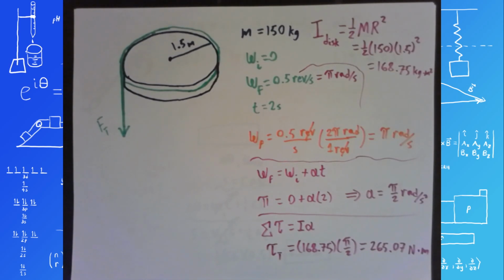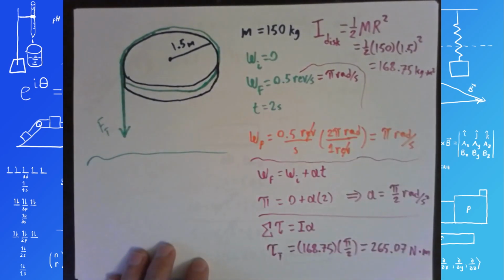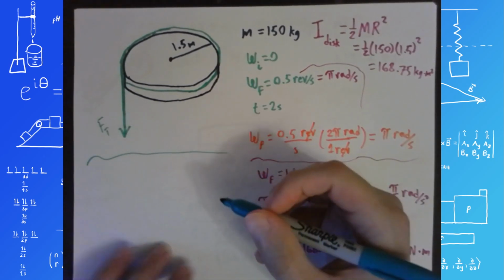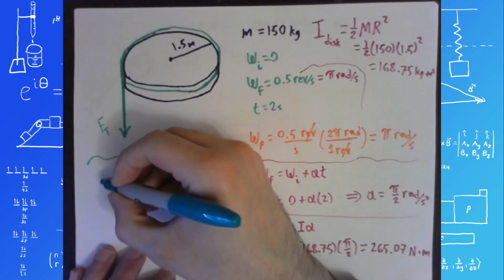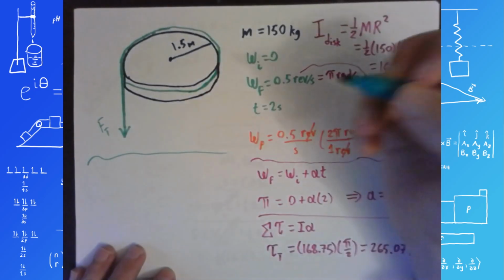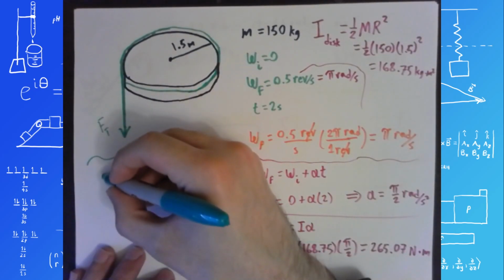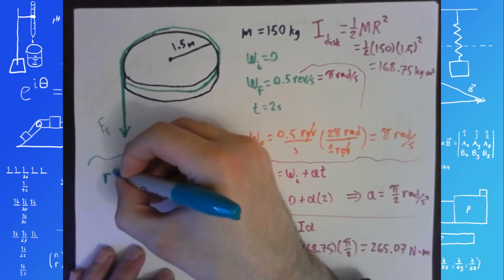where did I want to go from here? Oh, right, torque due to tension. So we've got 265.07 Newton meters is the torque due to this tension force. So the formula for the torque due to a force is, again, lever arm times the force.